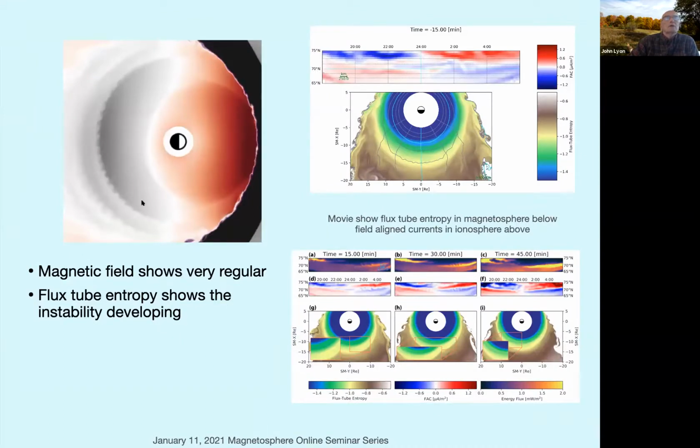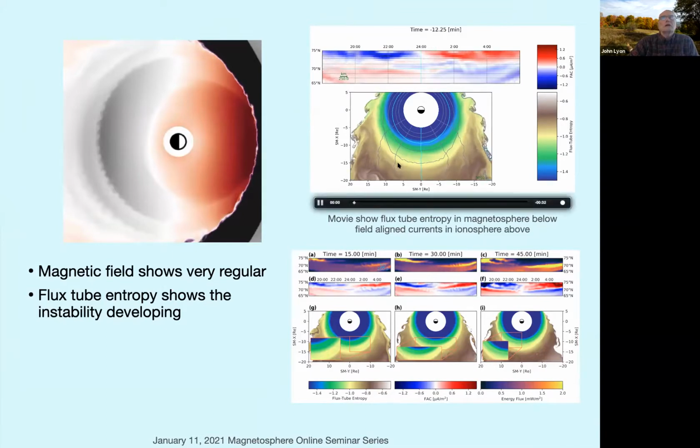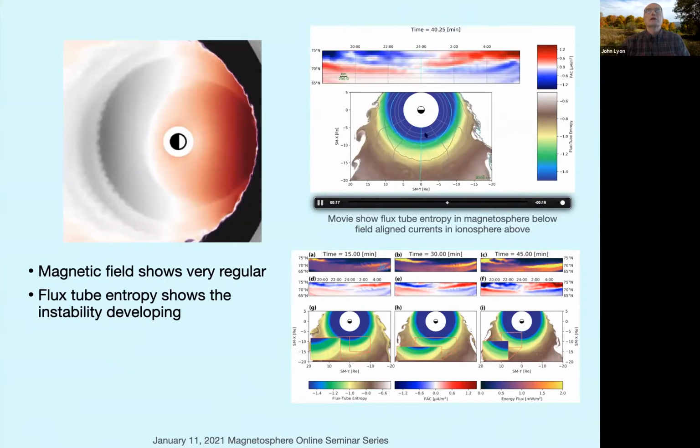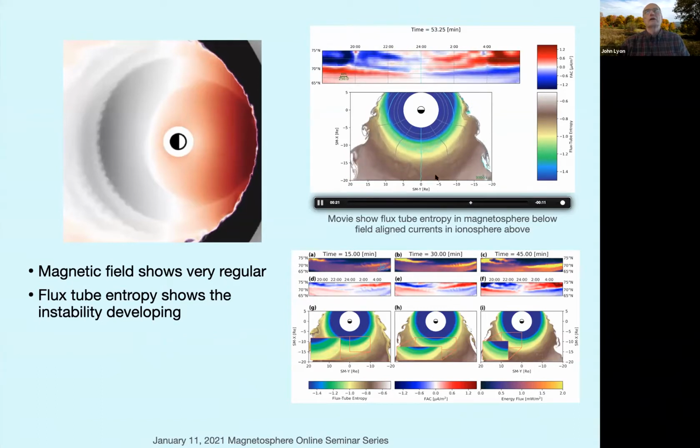So here's an inset that shows these bubbles a little more closely, and the movie shows the flux tube entropy. The flux tube entropy is reversed, that is, it's low close to the Earth, and gets higher as you go away.